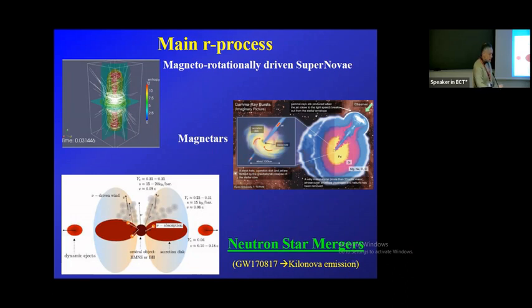Obviously, in the last years, the focus has been on neutron star mergers because we had the possibility to study the kilonova light curve following the gravitational event GW170817, which has been triggered by the fusion of two neutron stars. All of these objects basically produce different r-process distributions.